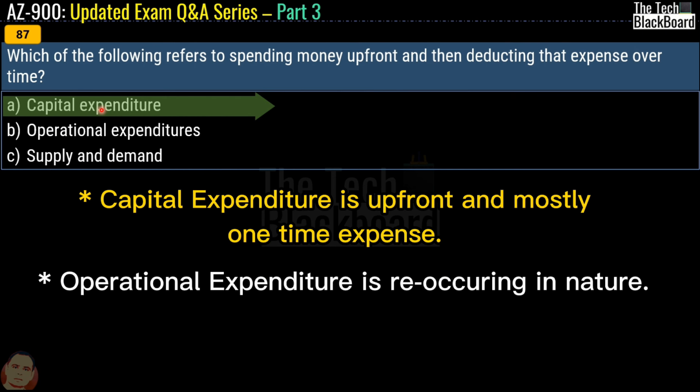Coming to operational expenditure, keep in mind it's a recurring cost. For example, you pay for your mobile bills or your electricity bill or maybe your Netflix or Amazon Prime subscription. All these are examples of operational expenditure. The keyword for operational expenditure is recurring cost.